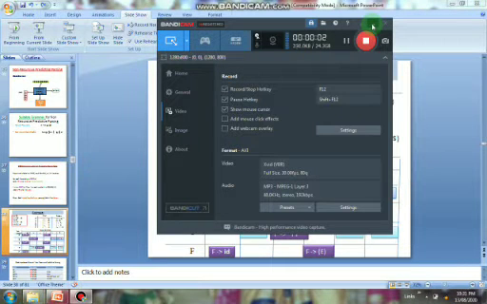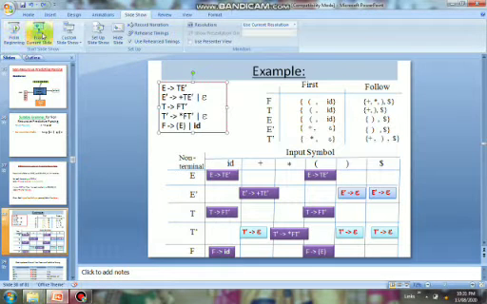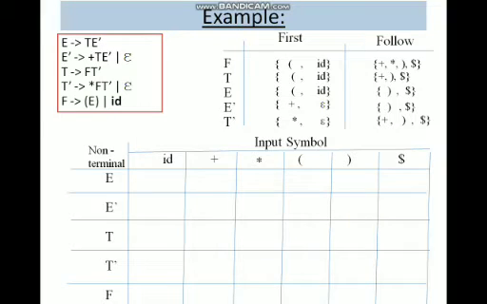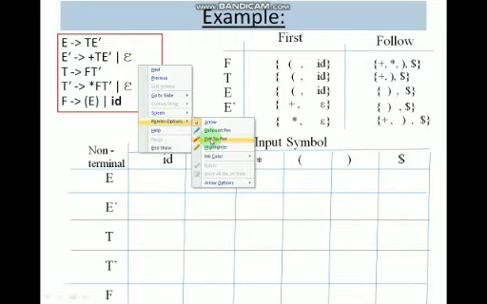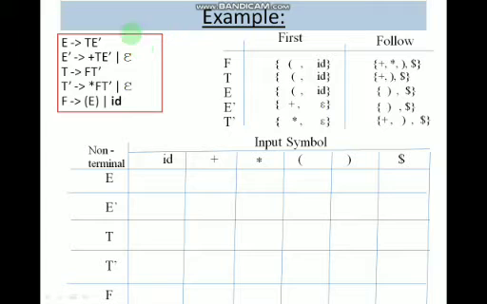Okay, so let's see how to construct a non-recursive predictive parsing table for a given grammar. Watch it carefully. This is your given grammar. For this grammar, you need to construct the non-recursive predictive parsing table.